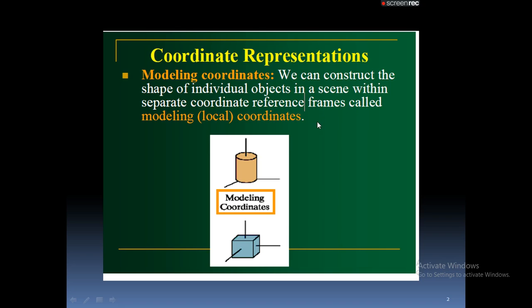Means when a given image contains multiple objects, each object's coordinate positions are specified using a separate Cartesian reference frame. This process is called modeling coordinates.